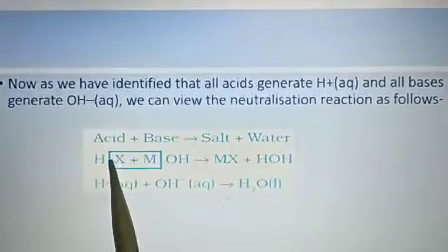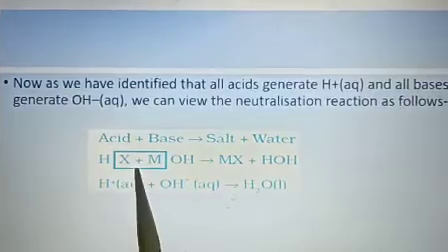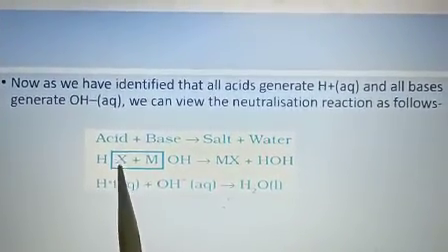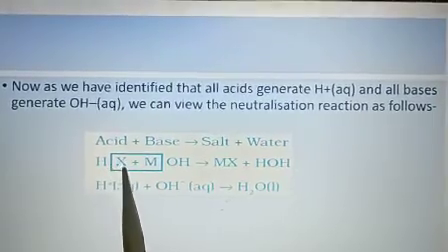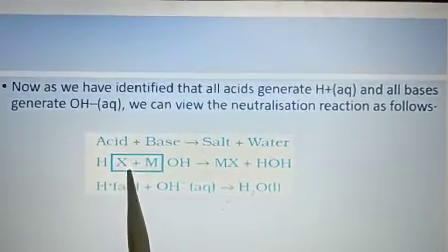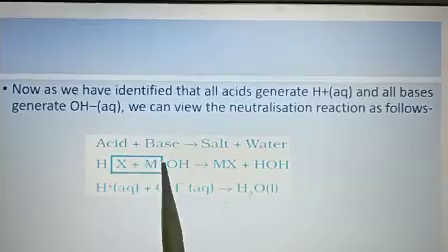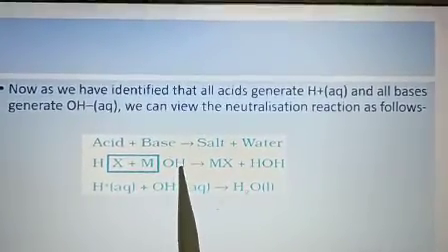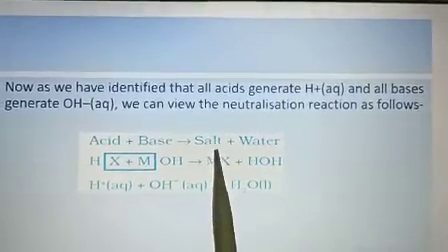So this is acid, HX. It can be HCl, HNO3, H2SO4, whatever. In the same way, base, MOH, it can be NaOH, NH4OH, or Ca(OH)2, right? Then it forms salt.